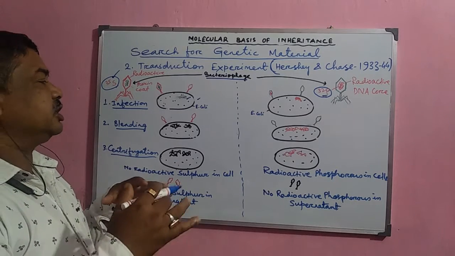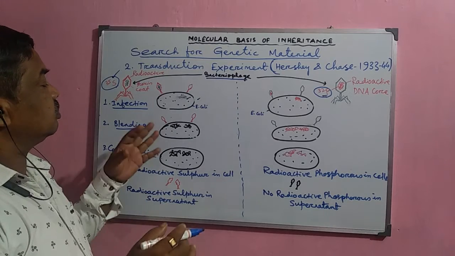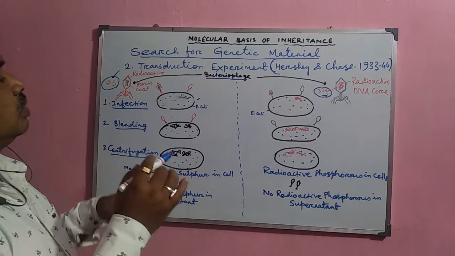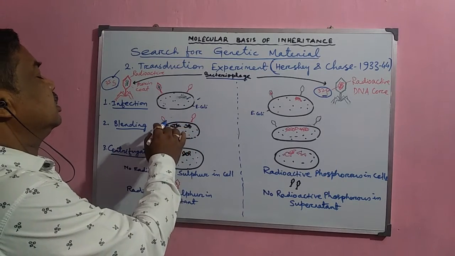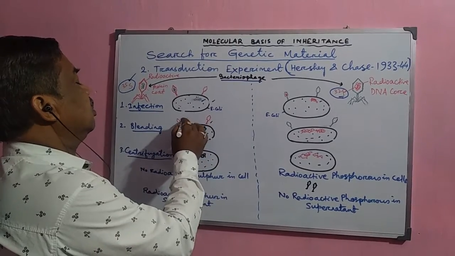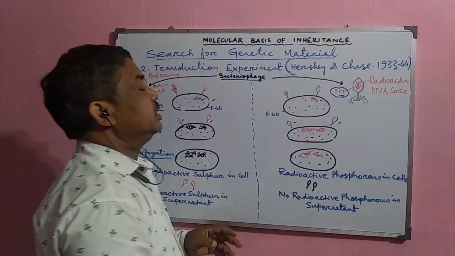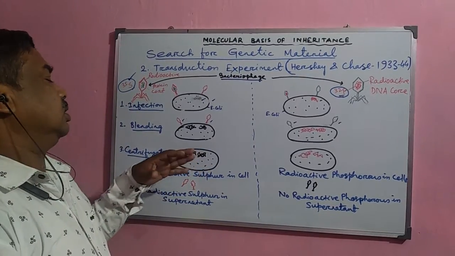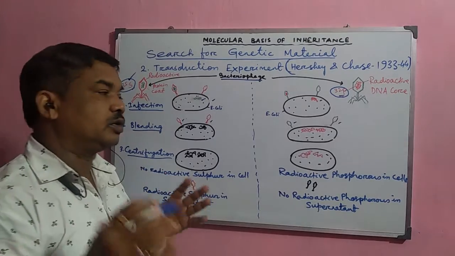After that, blending is done. Blending means agitation or shaking of the culture medium, and due to the shaking, the outer coating which was attached to the bacterial cell is separated from the bacteria. The detachment of the bacteriophages occurs from the E. coli bacterial cell wall. Then, in the third phase, centrifugation is done.